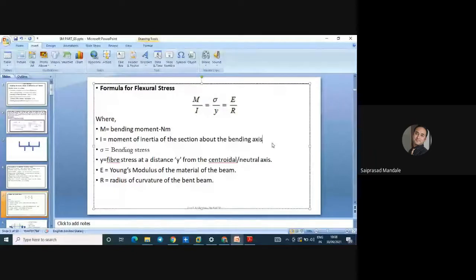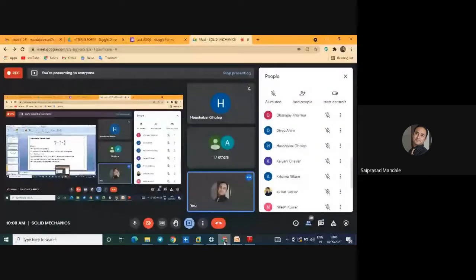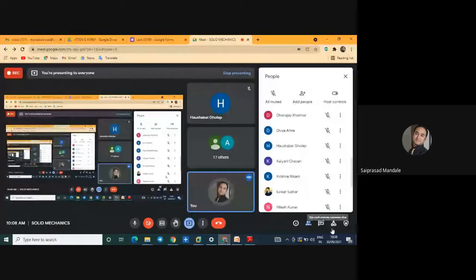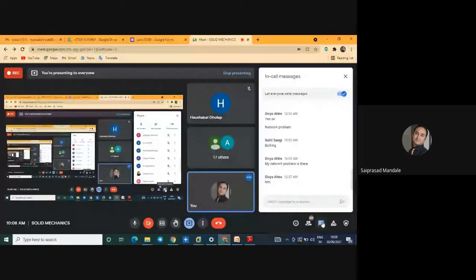moment of inertia. You have calculated moment of inertia so many times in your first year. So can anybody tell me what is the unit of moment of inertia? Type in the chat box. Diploma students, you have already solved so many numericals and gone through the complete subject, so it is very easy for you to give the answer for the units.